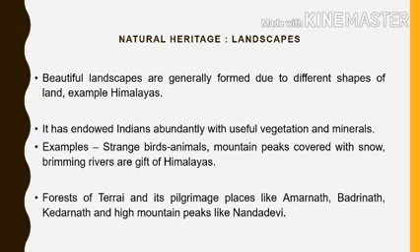It has showered upon Indians abundantly with useful vegetation and minerals. Example, we find many strange birds, animals, mountain peaks covered with snow, brimming rivers. They are all gifts of the Himalayas. Forests of Tarai and its pilgrimage places like Amarnath, Badrinath, Kedarnath, and high mountain peaks like Nanda Devi.